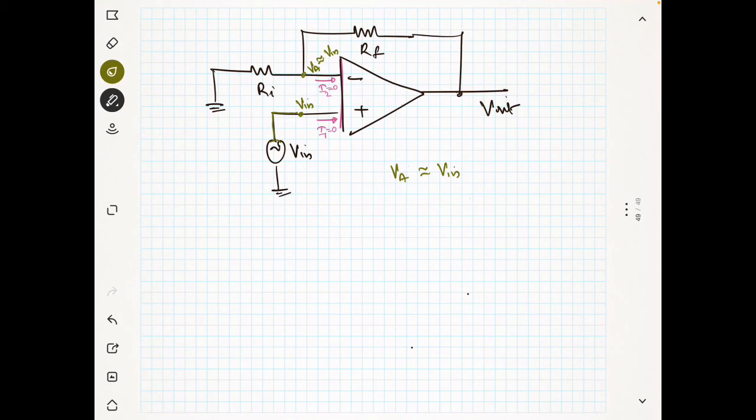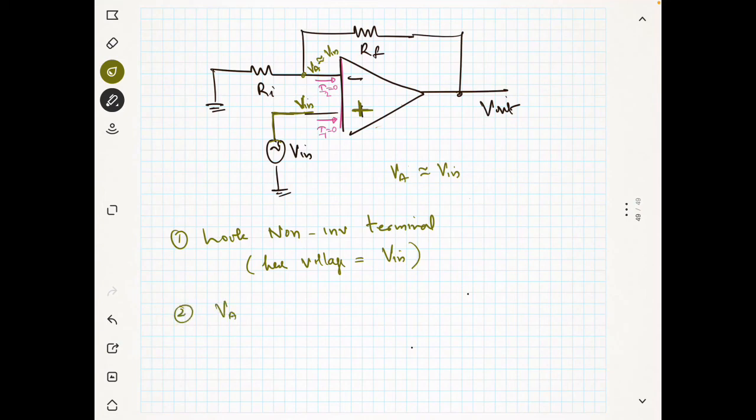So as a first step, I am going to look at the non-inverting terminal. And what is the non-inverting terminal? This terminal is the non-inverting terminal. You can see this connection. That means what is the voltage here? The voltage at the non-inverting terminal, we have seen, is V in. Now I told you VA is approximately equal to V in.